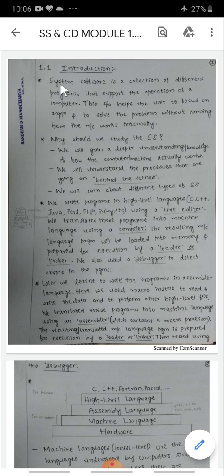Software has two types. First type is system softwares and second type is application softwares. As its name itself says, system software is a collection of programs which is developed and used to operate the system itself. It means to operate the computer system.